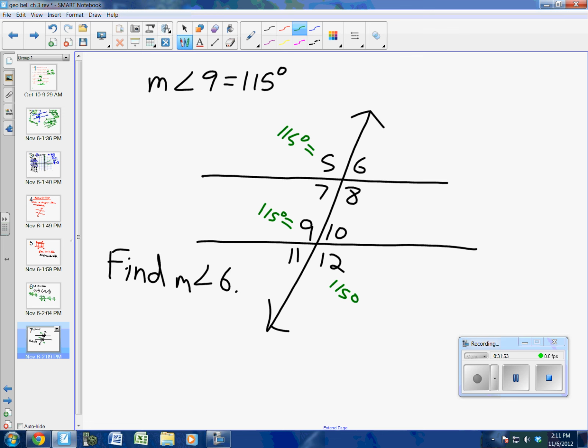And these two are vertical, so that one's 115, right? Which means all the others have got to be supplements to them. These two correspond. These two are linear pairs, so that one's 65. This one's 65. This one's 65. And this one's 65. Do you understand that?